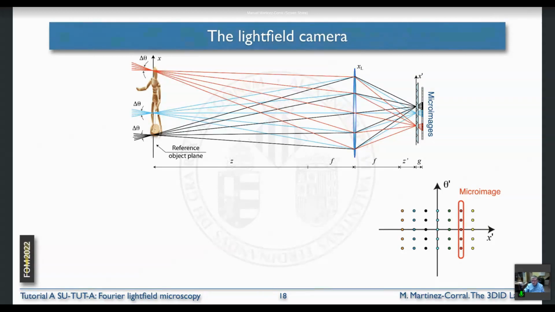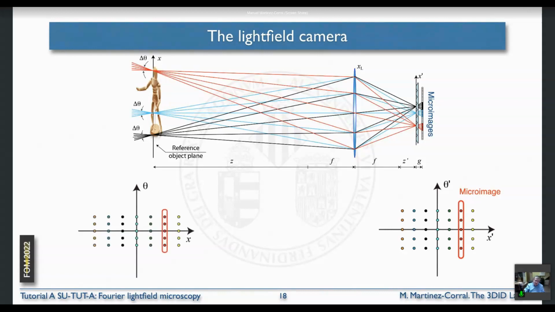So micro images do not overlap, provided that the numerical aperture or f number of the camera lens, so this angle, is the same as the f number or numerical aperture of the microlenses. And in this way it is the own aperture stop of the camera lens, which avoids the overlapping between the elemental images.